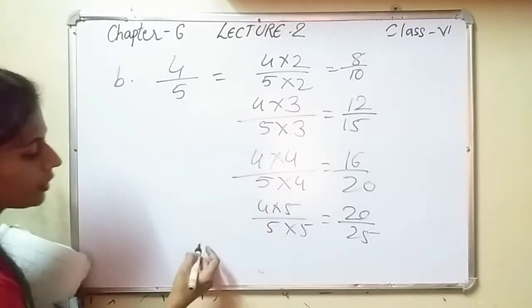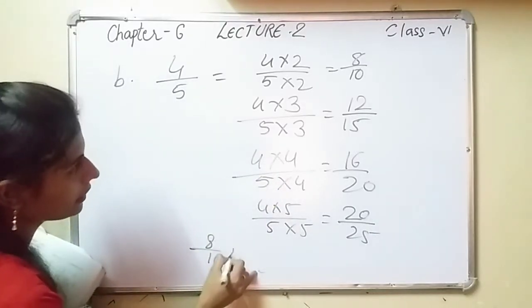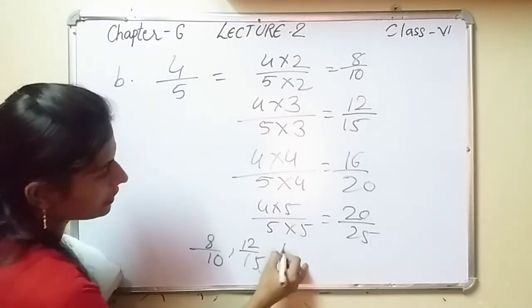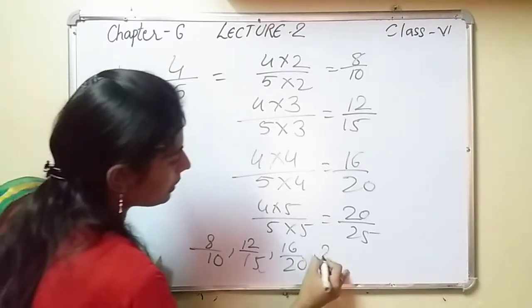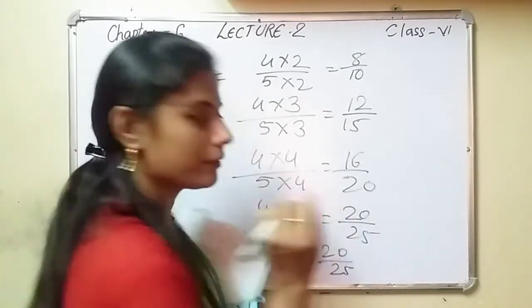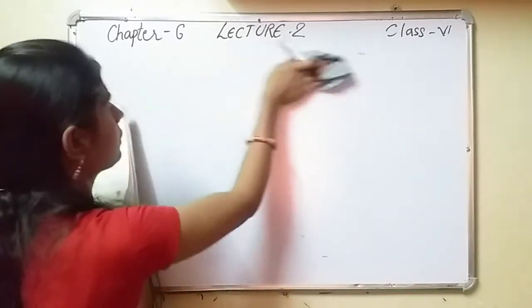So the next 4 equivalent fractions are 8 by 10, 12 by 15, 16 by 20 and 20 by 25.